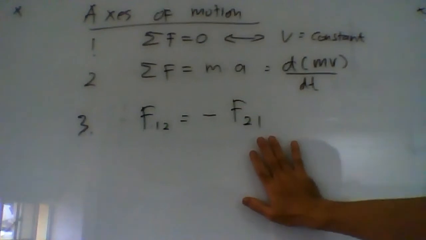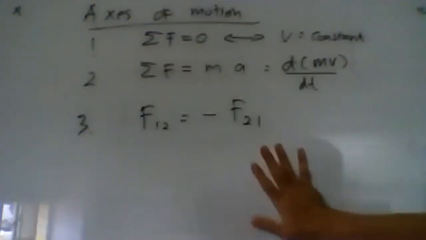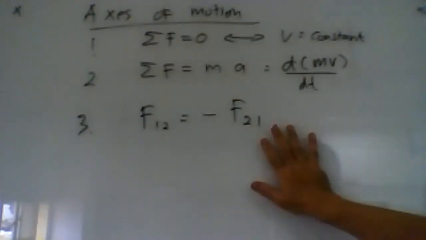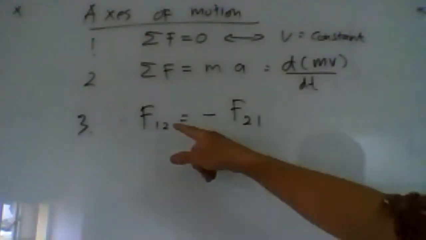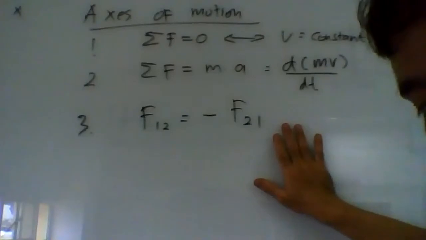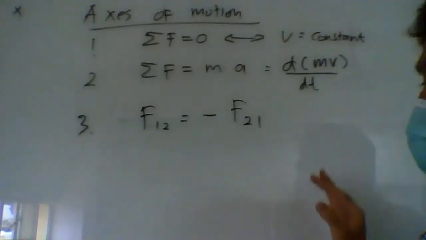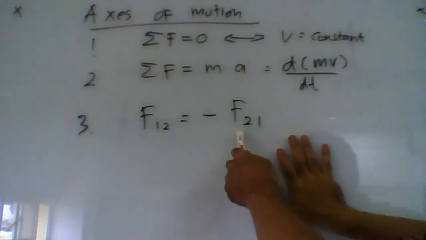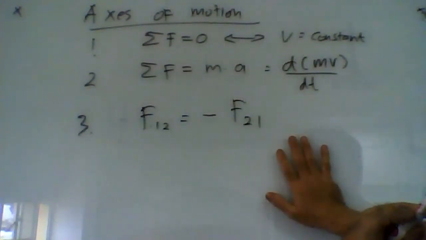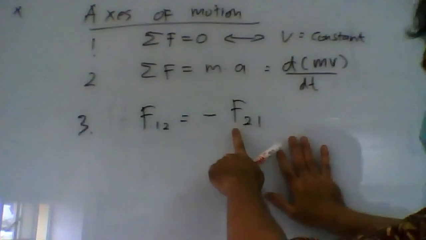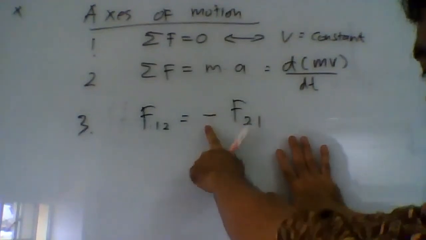If I push this glass board back there, I, number one, give force to the glass board, object number two. Then I will feel that object number two, the glass board, is going to give a force to me, number one, with the same magnitude but opposite direction.